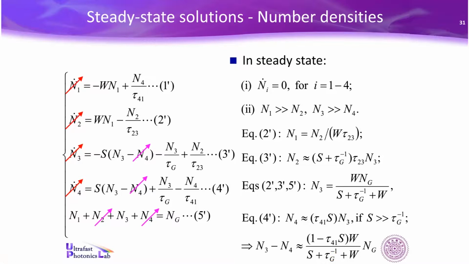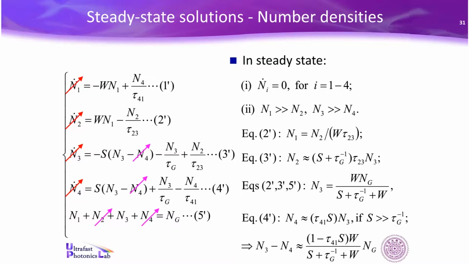But why are we interested in N3 minus N4? Why don't I pay attention to N1 or N2, but N3 minus N4? Do you know that?